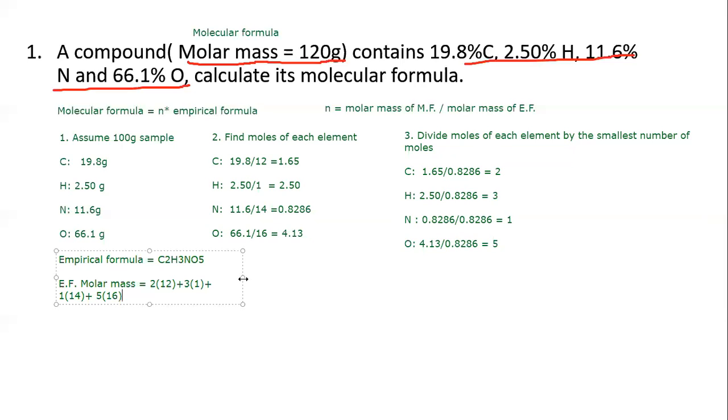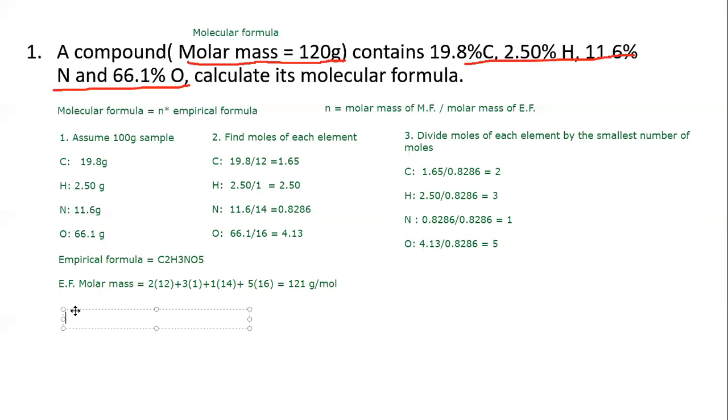And this will give us the molar mass of the empirical formula. And we get 121 grams per mole.